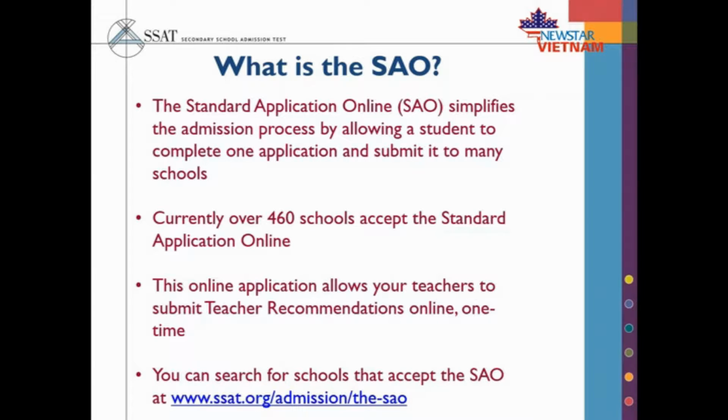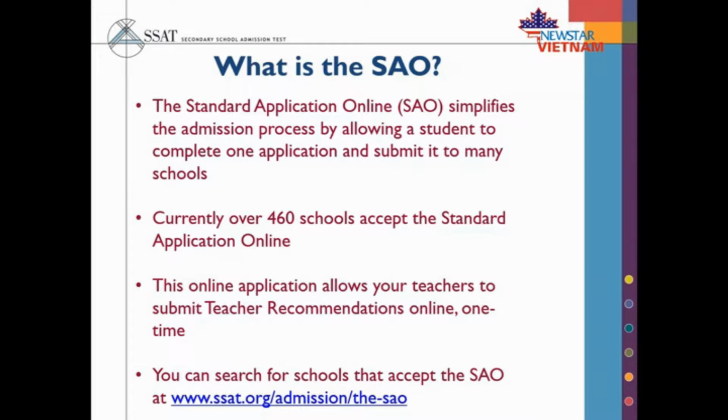Now, we get the question a lot, if a school doesn't necessarily say they accept the application, or if the school has their own application, which one should I do? What is preferred? And I can tell you unequivocally that if a school accepts the standard application online, they accept it without prejudice, meaning it does not matter what application mode you use to apply to a school, they just want to see your application.